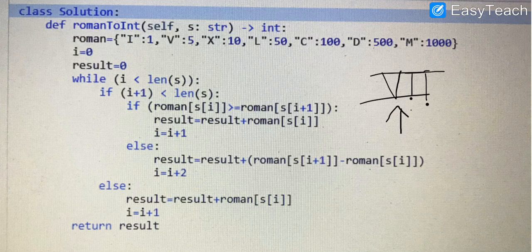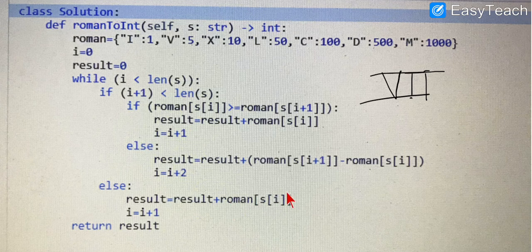So in that case, i would be pointing to this one, and this value is not added because it's not going into this loop, so the result is not getting added. As a counterpart of this, there is an else where the previous result is added with the current value.